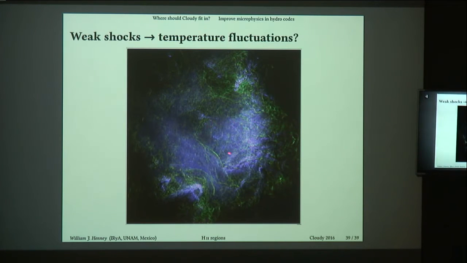This is just an example of calculating the turbulent energy dissipation in weak shocks in the H2 region, which is in green, compared with the ionized emission in purple. And using Cloudy, using this turbulent energy generation, we can use full atomic physics models to calculate the effects of this on the temperature fluctuations. Okay, that's all I have to say.